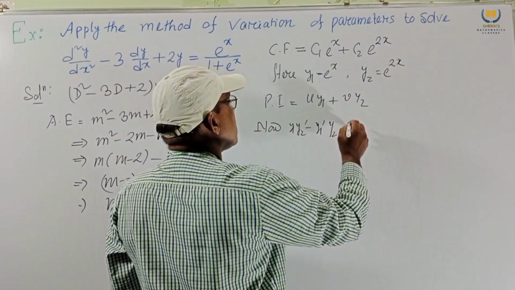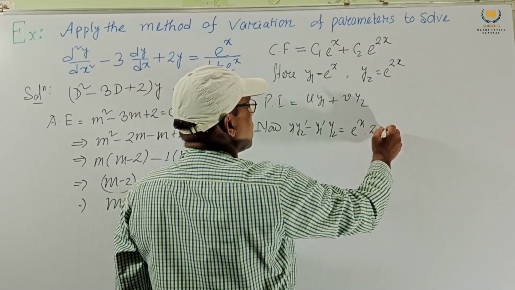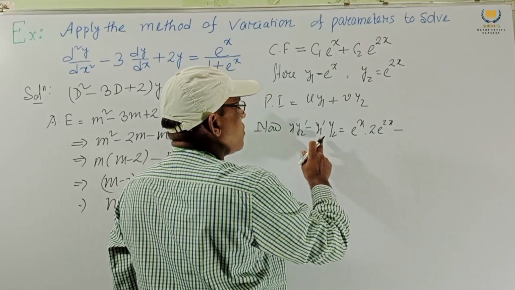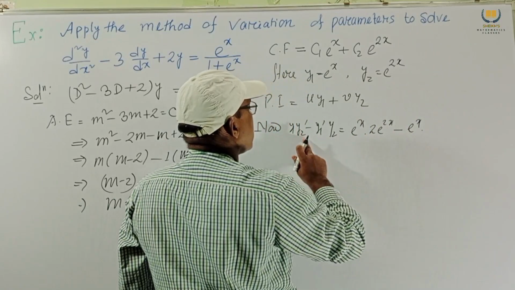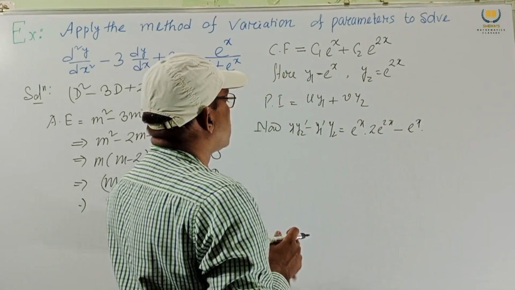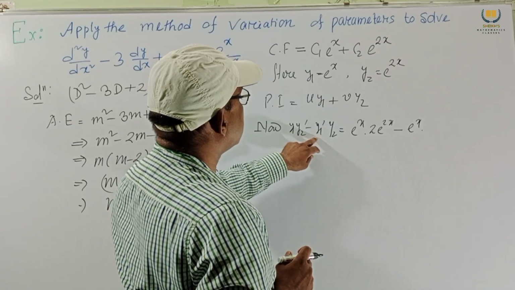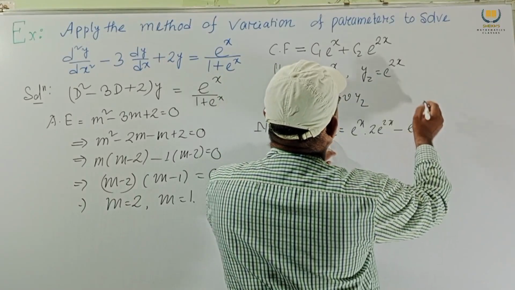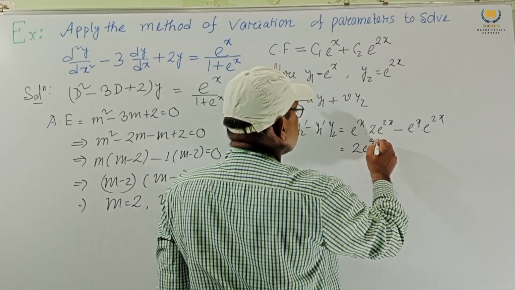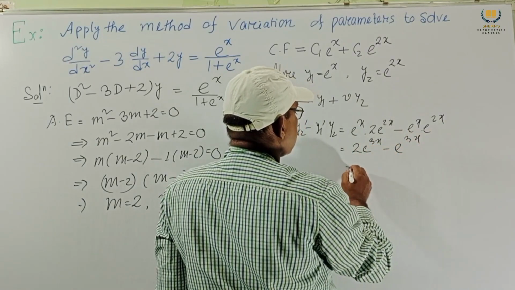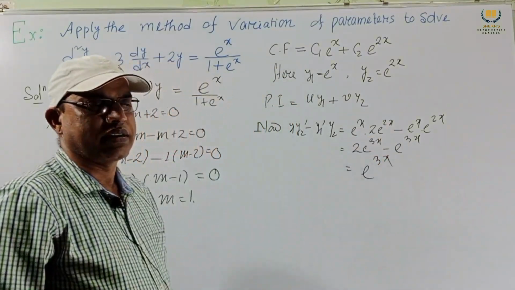So y1 means e to the power x, y2 dash, the d/dx of e to the power 2x, means 2 e to the power 2x, minus y1 dash, the d/dx of e to the power x means e to the power x, and y2 is e to the power 2x. This is 2 e to the power 3x minus e to the power 3x, which equals e to the power 3x. You get 2 minus 1, then we get e to the power 3x.